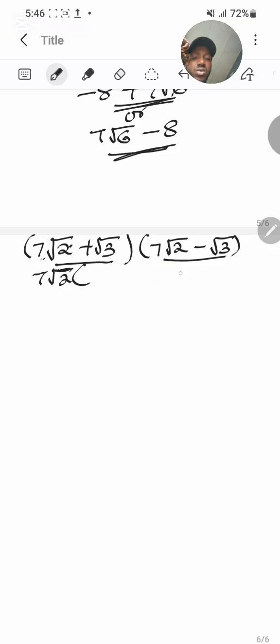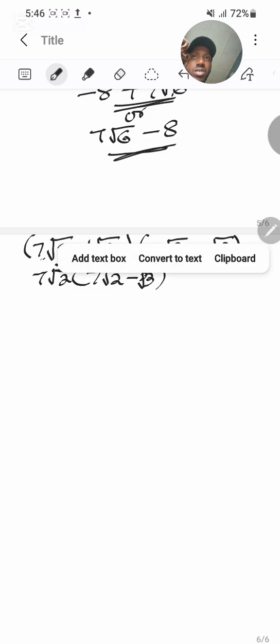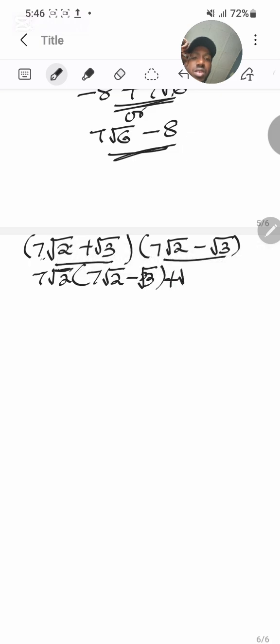So 7 root 2 is going to multiply 7 root 2 minus root 3, close the bracket, then plus root 3 is also going to multiply 7 root 2 minus root 3. All right, so 7 root 2 times 7 root 2, that's 7 times 7. That will give us 49. Root 2 times root 2 is root 4.